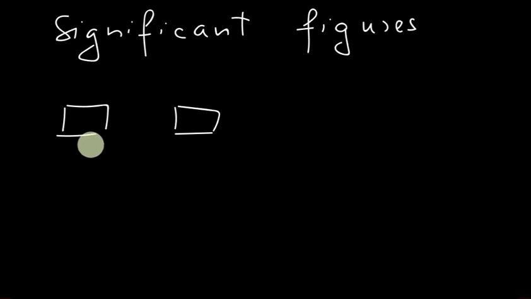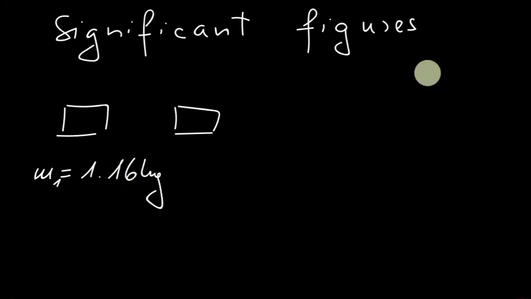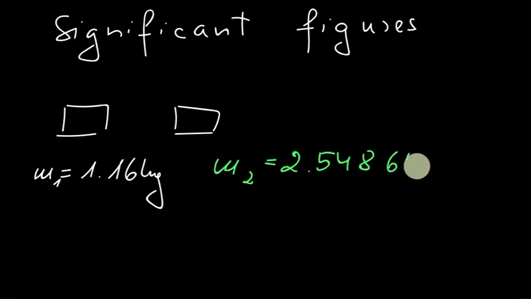The first object has a mass equal to 1.16 kilograms, and you are asked to find the mass of the second object. Now, you solve the problem and your calculator is showing you that the mass of the second object is 2.54865421 and so on.